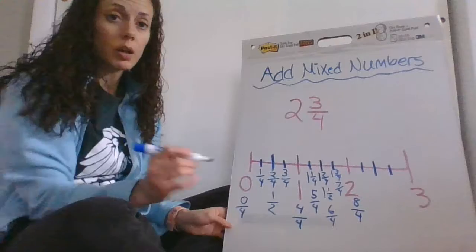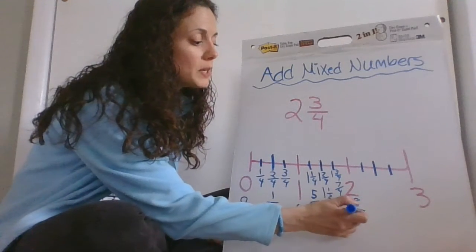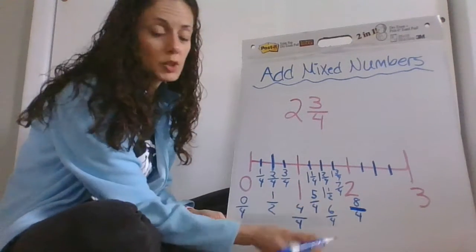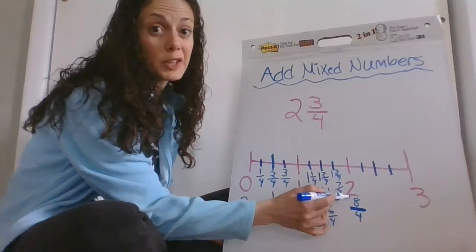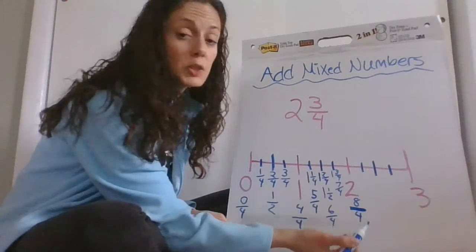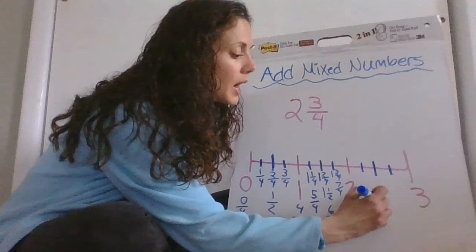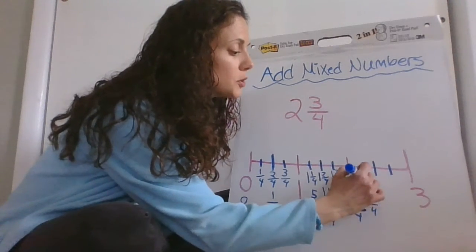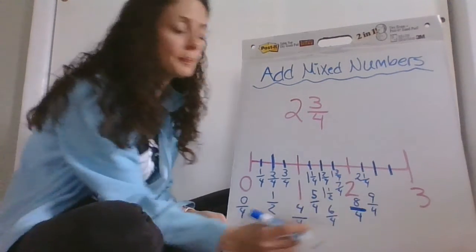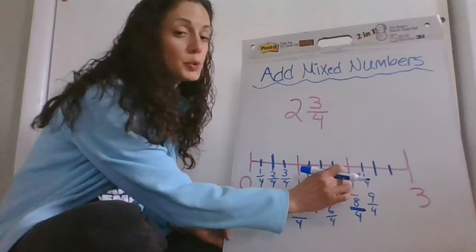And if you recall, this line also means to divide. So 8 divided by 4 is in fact 2. The next one would be 9/4, but it's also known as 2 and 1/4, right? Because now we're into 2.